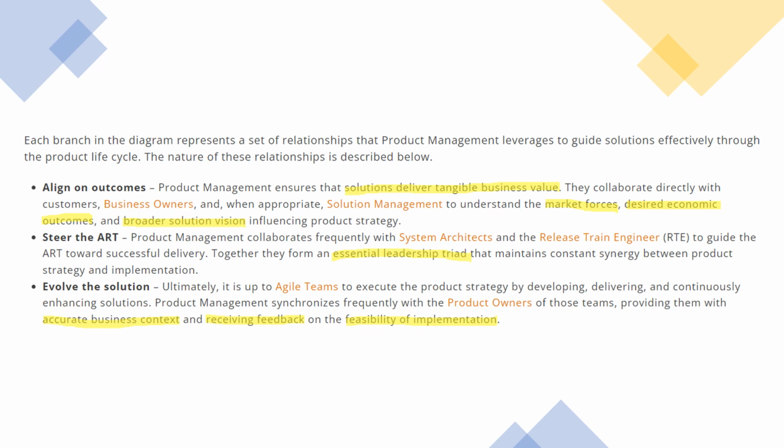That is very important. You design the product strategy after discussing with business owners and customers, provide leadership and steer the ART with the help of system architects and release train engineers, and then you get feedback and help the product owners with accurate business context, so that implementation by agile teams becomes easier through this synchronization among the product owners.